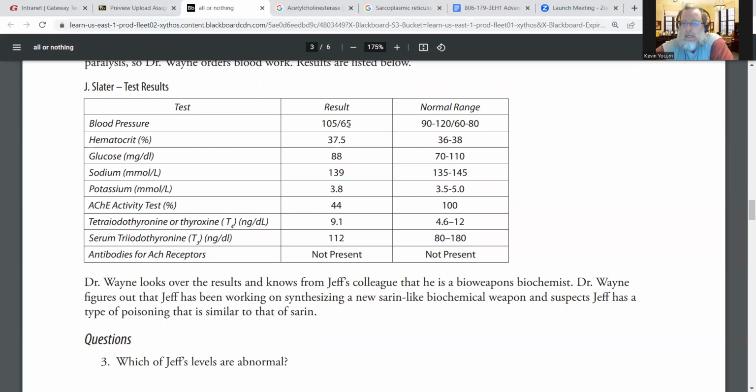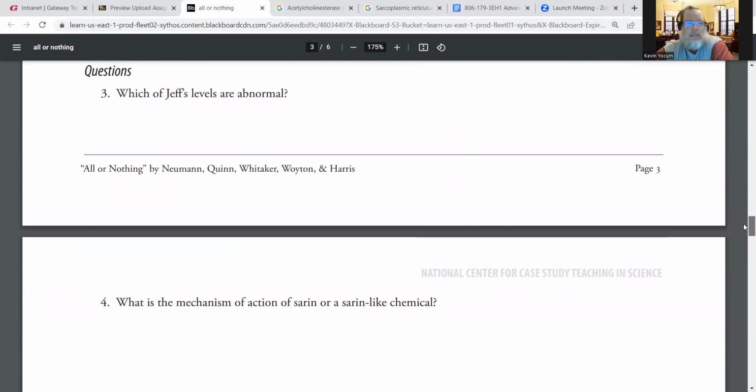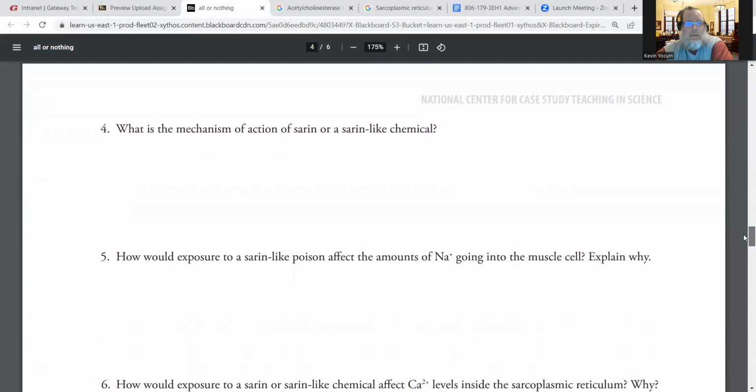So he's in that range for diastolic, but still relatively low. So we don't need to put that, because it's low, but it's still within the normal range. So the only one that really jumps out as being a problem is that ACHE percentage. Okay, so just put that ACHE percentage.